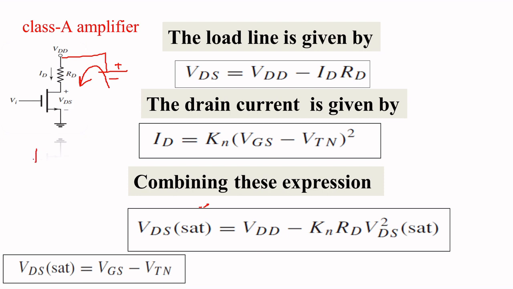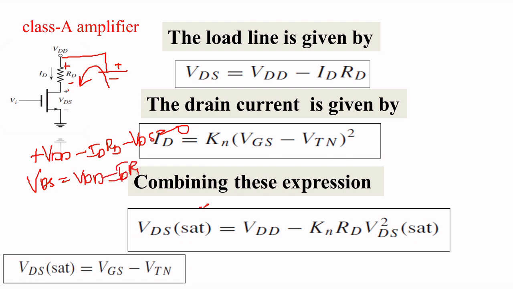You get plus VDD, then entering at a plus and leaving at a minus, so minus IDRD, and then minus VDS equal to 0. Rewriting, VDS equal to VDD minus IDRD. This is the output DC voltage.